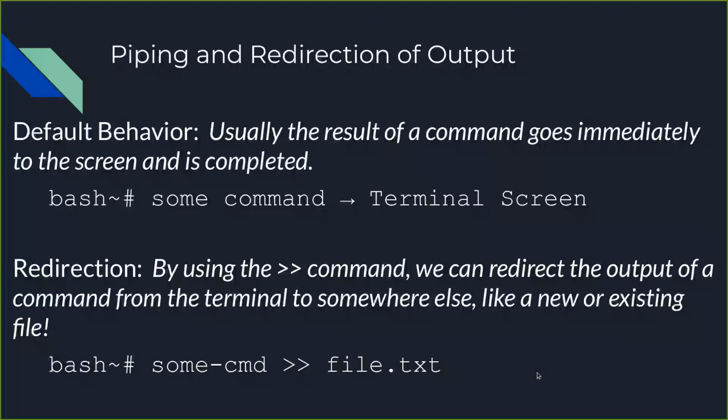If you type ls /home/alex, two right carets, and then myfile.txt, and you hit enter, you won't see anything pop up on the screen. Instead, a new file will show up in your present working directory called myfile.txt, and within that file will be the results of the command that you ran.